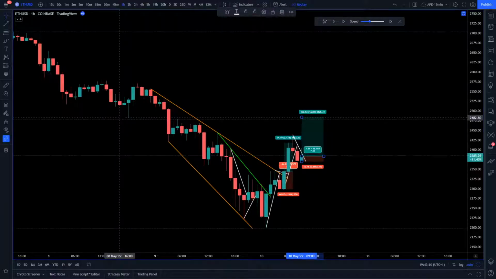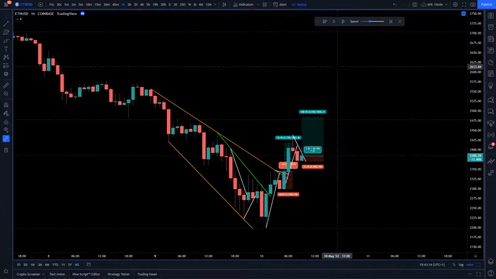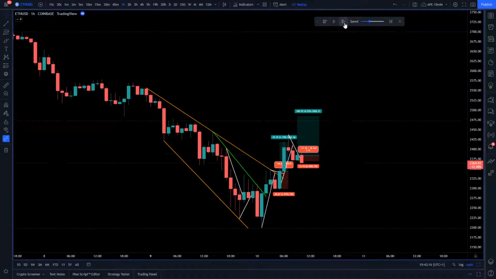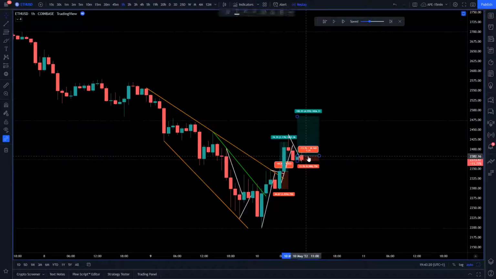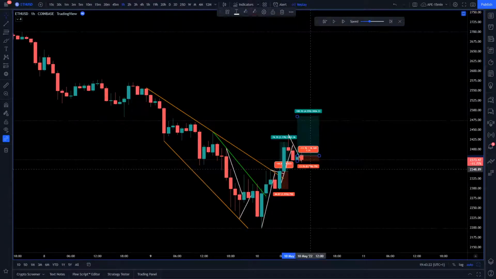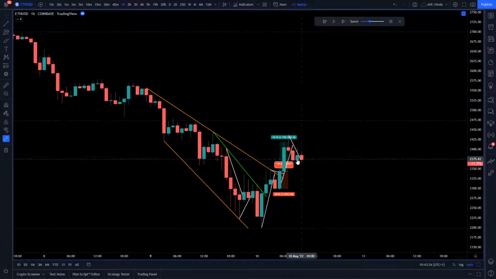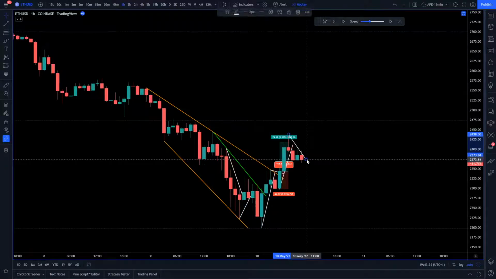We have resistance here and this area. Let's put our take profit here. It went down, so we hit our stop loss. Our stop loss was 0.5. That's still a win from our previous profit, so we are still in profit.